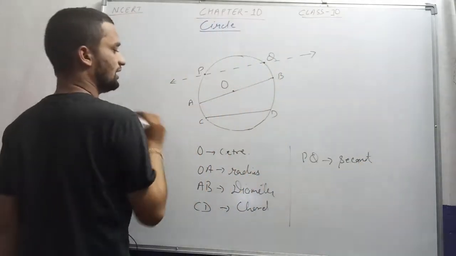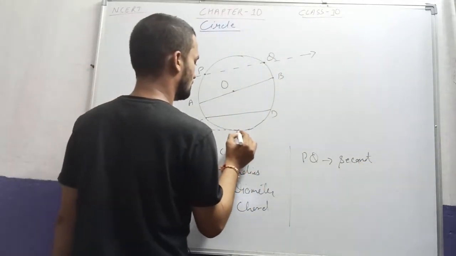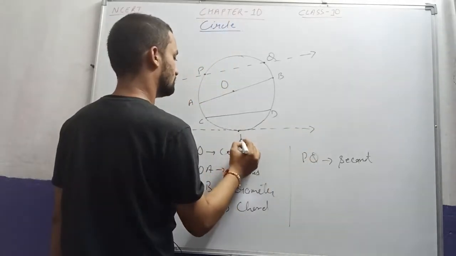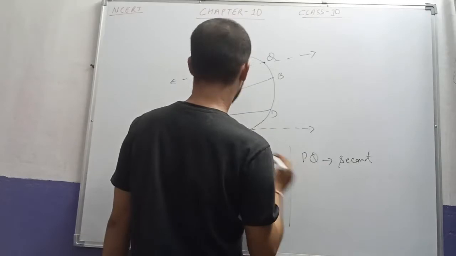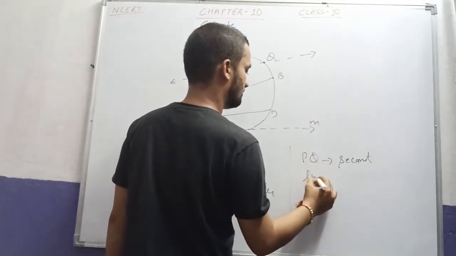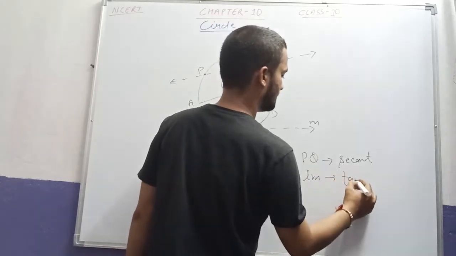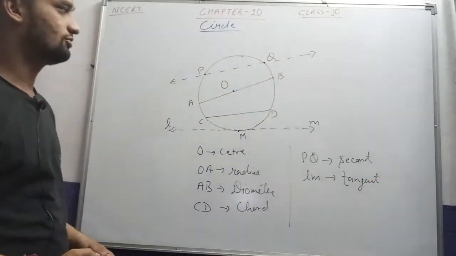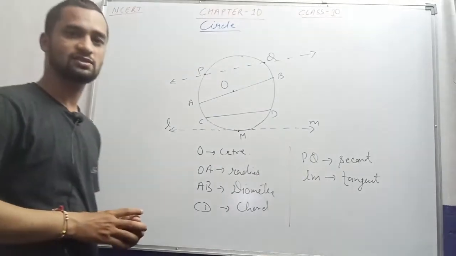And if a line touches the circle at 1 point, suppose M, so this is small LM. LM is a tangent. All these are the basics that you have studied in the previous classes as well.